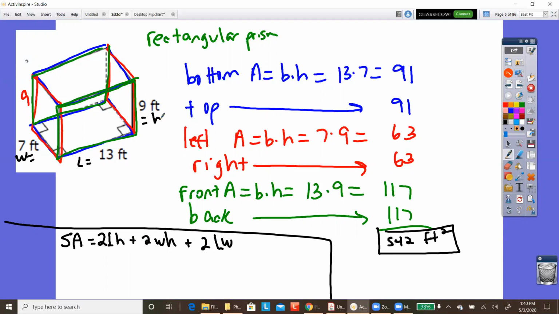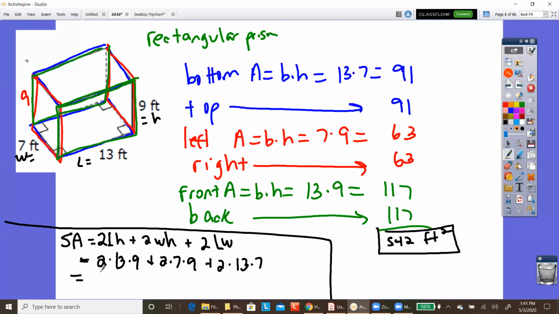So let's try it that way and see if you get the same answer. It would be 2 times 13 times 9 plus 2 times 7 times 9 plus 2 times 13 times 7. Would that give you the same answer? And the answer is absolutely.